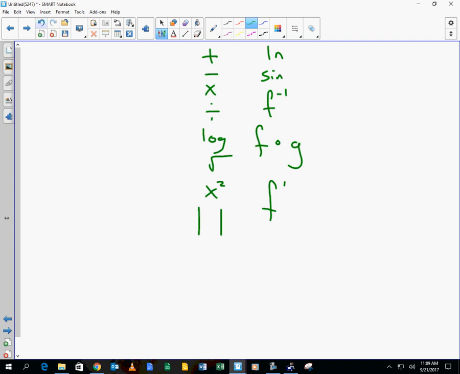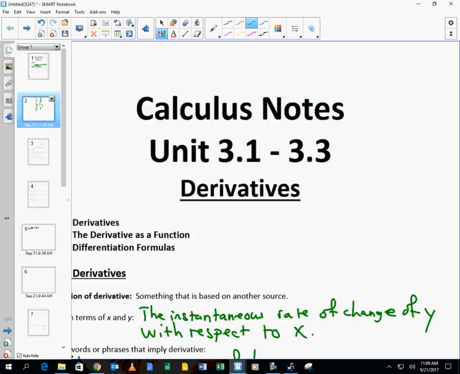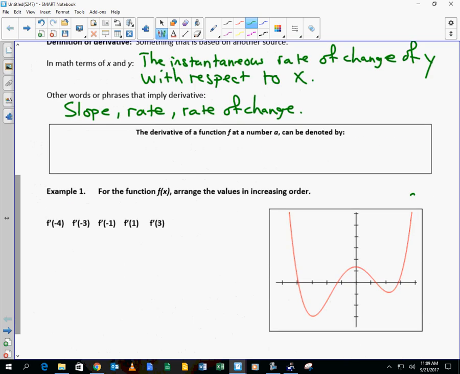All right, so if you see this little tick mark right here, right after the f, it's like an apostrophe, that means derivative. We say f prime, okay? So here's the notation that we use.